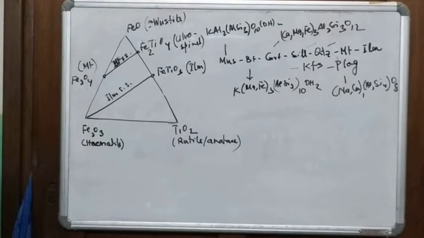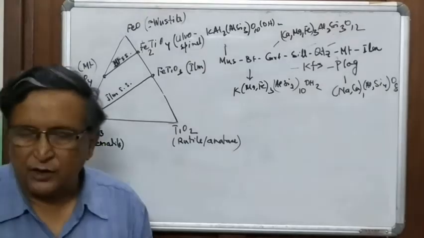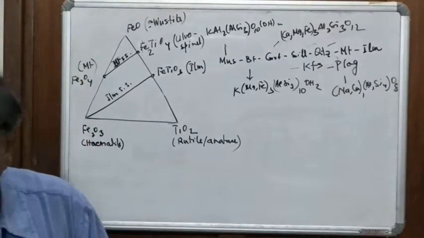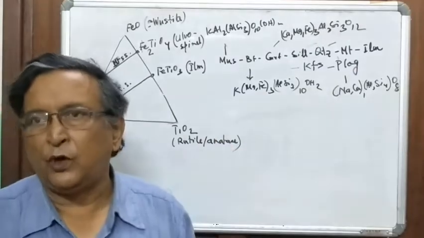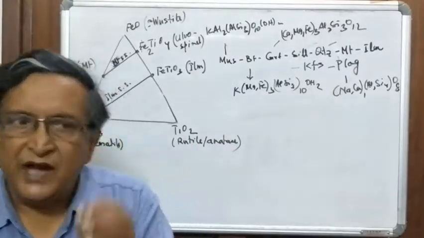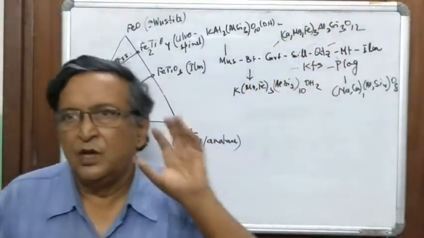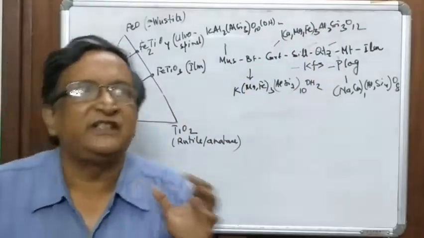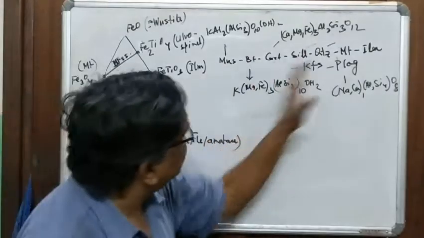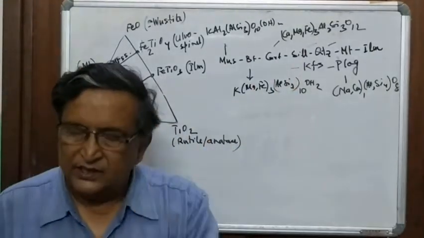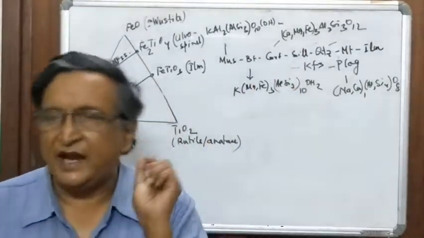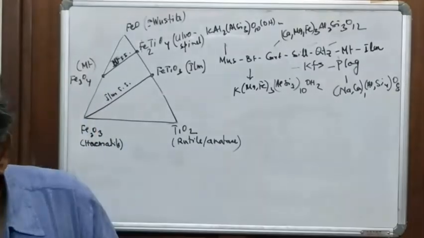If somebody asks you, how do you find out the pressure temperature condition? Obviously, as discussed before, we should look for reactions involving solid phases. That's the first thing you should look for. If I want to find out the temperature, immediately you say, okay, this has to be a solid reaction, so a fluid-free reaction.